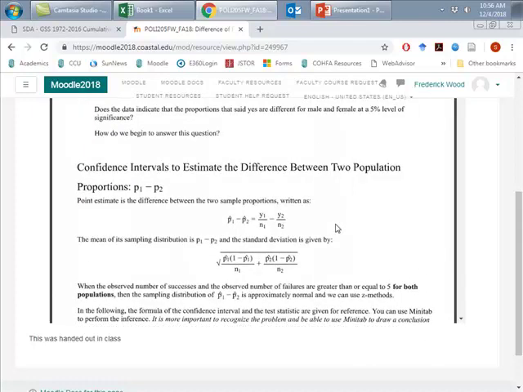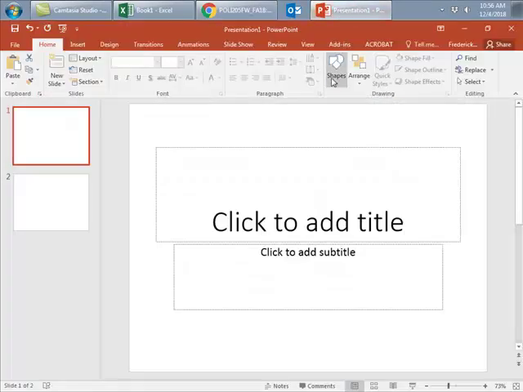The way that we talk about proportions is by using this value p. So like x bar is a value for a mean. When we talk about an event happening, we use p for the probability of success.